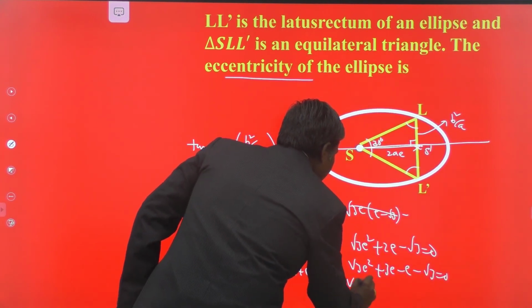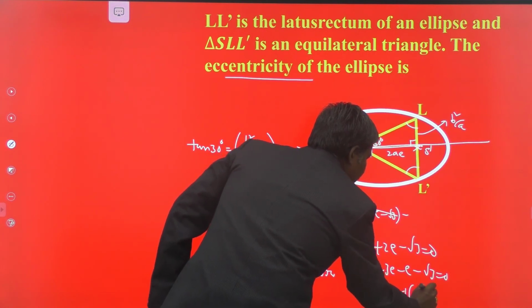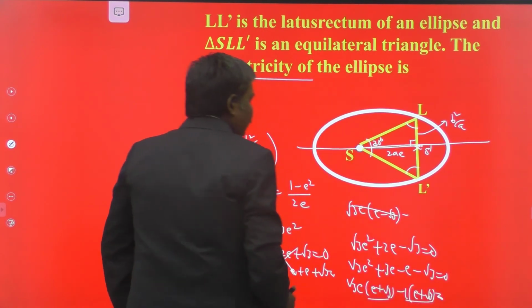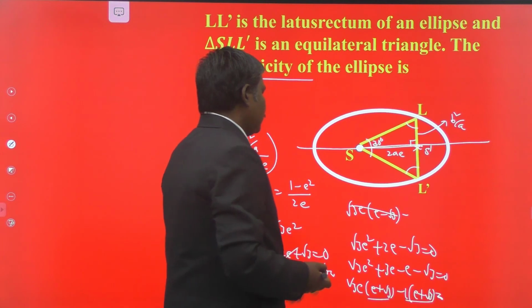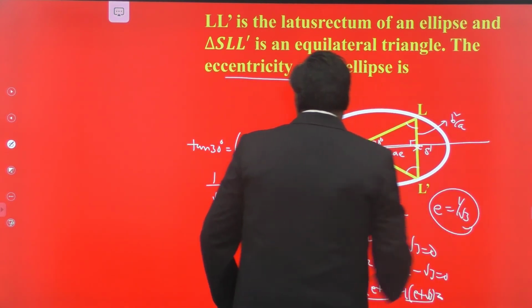So root 3e times e plus root 3, minus 1 times e plus root 3, equals 0. E plus root 3 is never 0, because e is always positive. Therefore, the eccentricity of the ellipse is 1 by root 3.